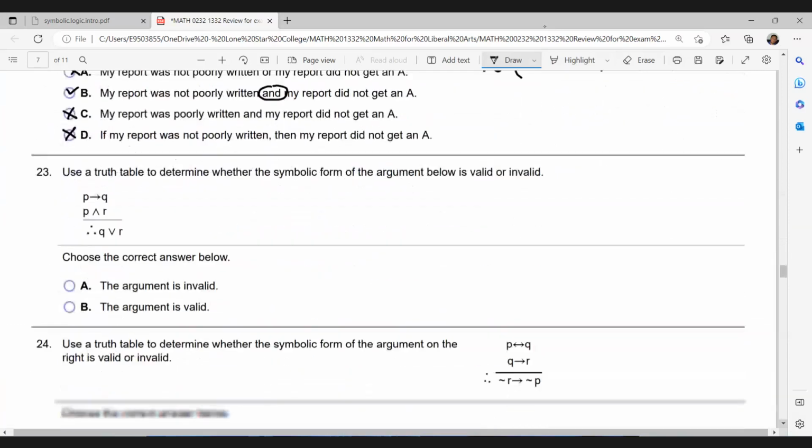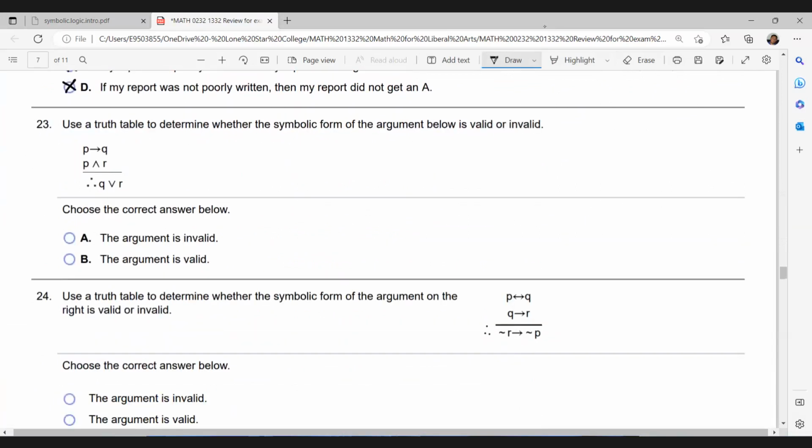All right, 23. Use the truth value to determine whether the symbolic form of the argument below is valid or invalid. Okay, so to not get too complicated with this, there are some tables in the textbook that you should definitely have available to get these questions right without so much difficulty.